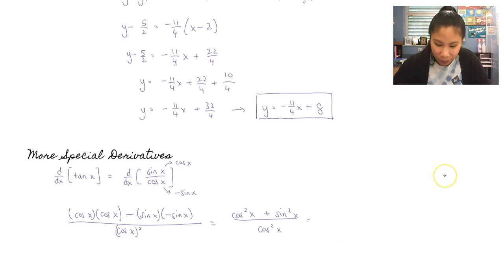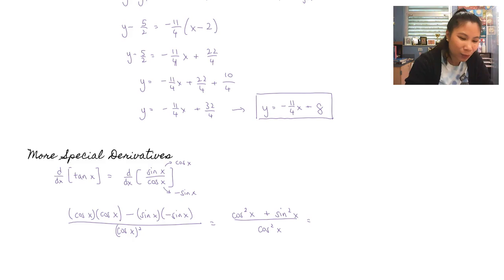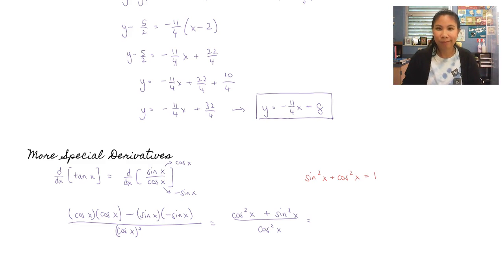We usually write it with a square in front of the x, but it means the same thing as just taking cosine x and squaring it. Okay, but anyways, I'm going to have you think back to your trig identities really quick. Do you remember this one? I know it's been a while, but there was a trig identity that was sine squared plus cosine squared equals 1. If you recognize it, cool. If you don't, this is a thing. On top, do you see how you have cosine squared plus sine squared? This just equals 1.